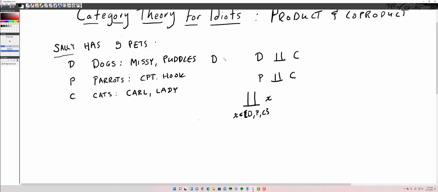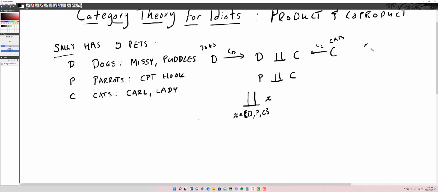Remember we had this ID morphism and this IC morphism. So we have morphisms between D and the co-product, and C and the co-product. And remember, these were dogs and these were cats. So we're talking about the least specific object that both admit a morphism to.